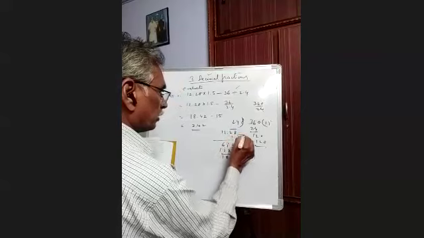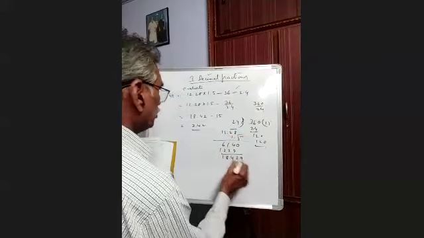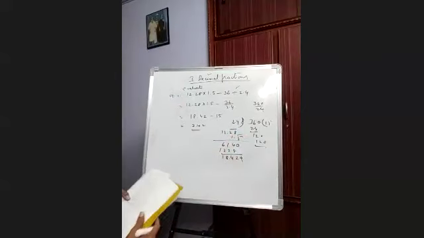Decimal places 2 and 1, that is why we removed and have taken only 18.42.